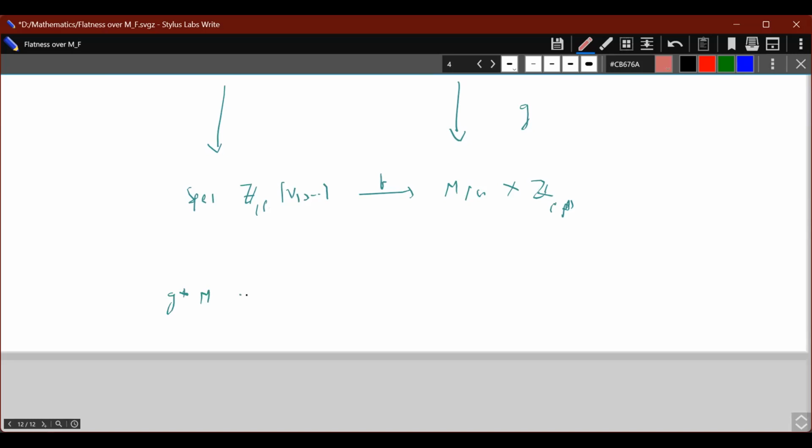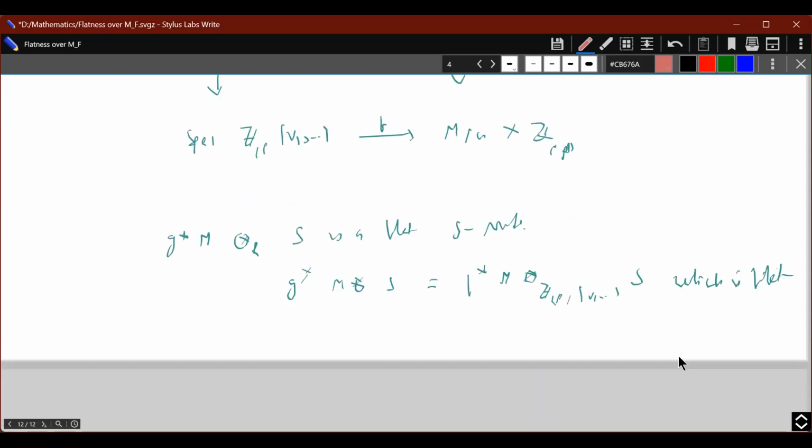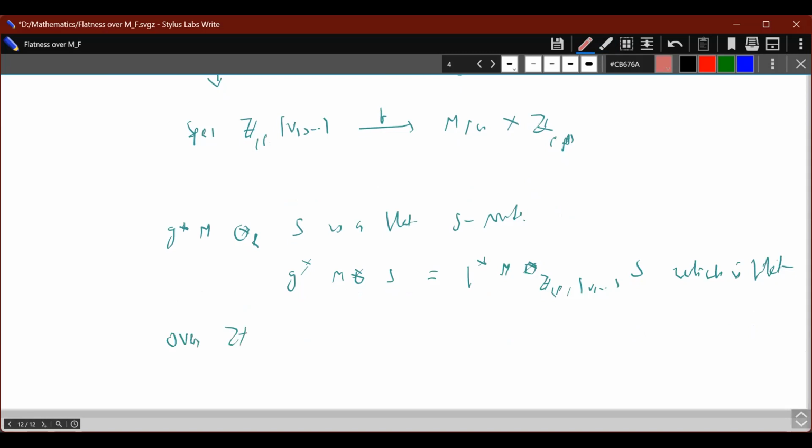So this is to check that the flag is also... But okay, so notice that we get this, which is flat. Right.